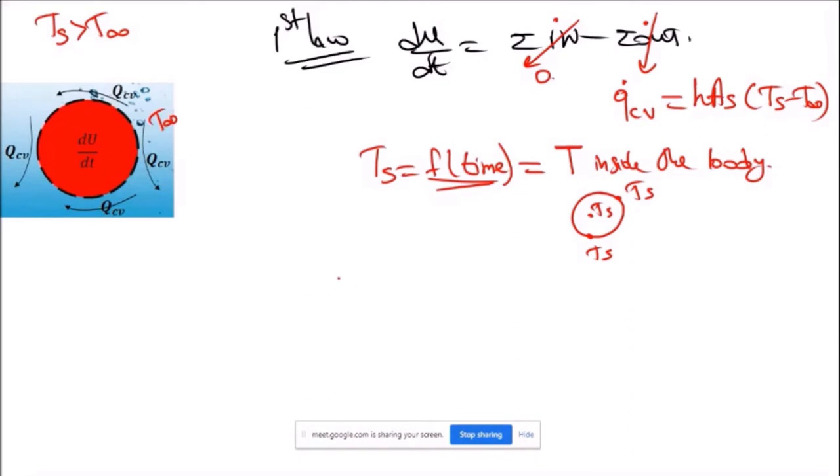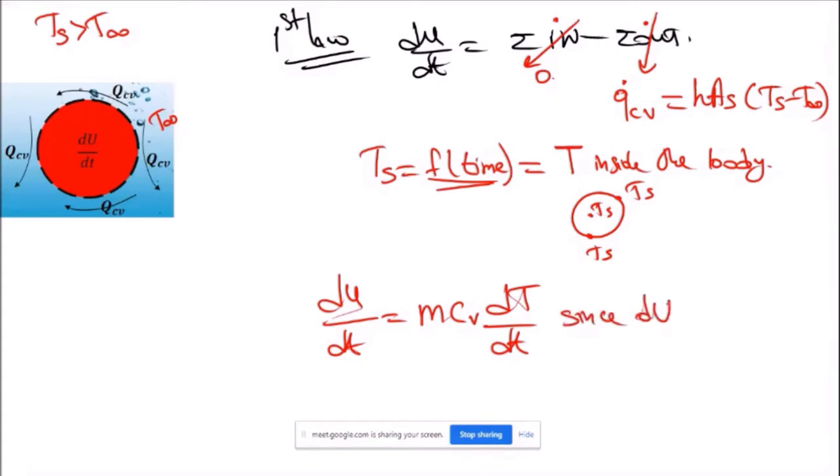And the change of internal energy, from the first law of thermodynamics, we can write as m Cv times the change of temperature with respect to time, since du is m Cv dT, or in finite form, m Cv delta T. They are the same, but here you have a small change in internal energy, m Cv dT.